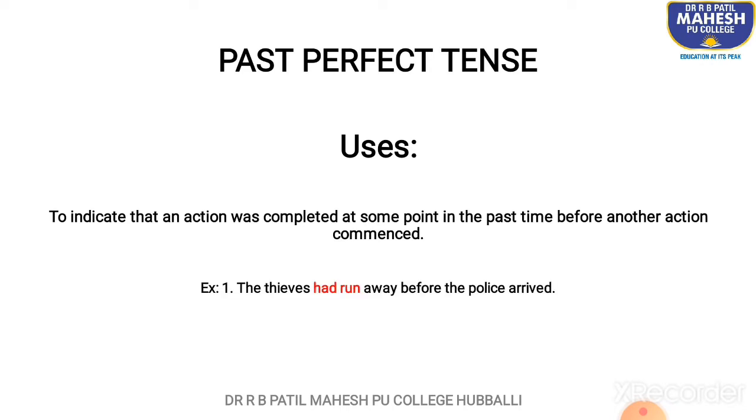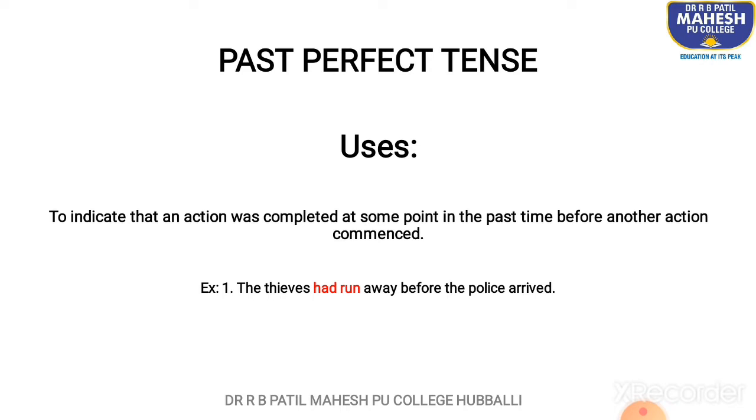So, as the use says, when there are two actions that take place sometime in the past, one action that takes place before another action commenced or took place, we use past perfect with the first action. Let me make it clear to you through this example here. The thieves had run away before the police arrived.